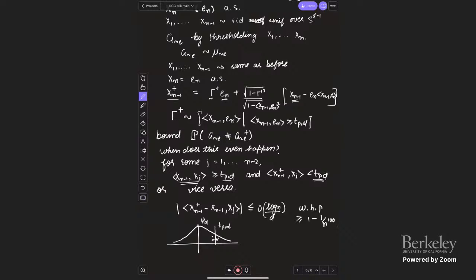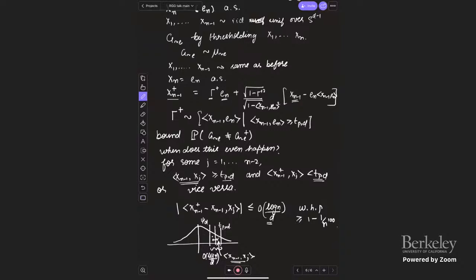This in particular means that <x_{n-1}, x_j> must belong to this narrow band of width O of log n over d, and this event can only happen when the inner product belongs to this narrow band.